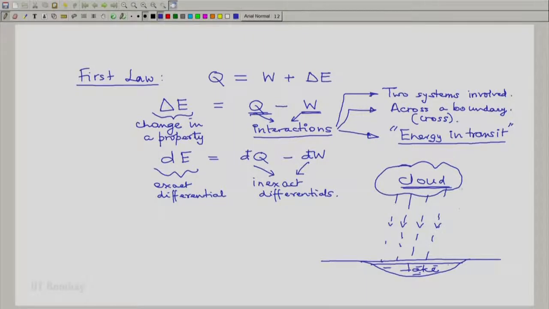So what we have is rain, which is nothing but water in transit. We don't say the lake contains so much of rain or the cloud contains so much of rain. Rain is only water in transit. In a similar way, heat and work are energy in transit.